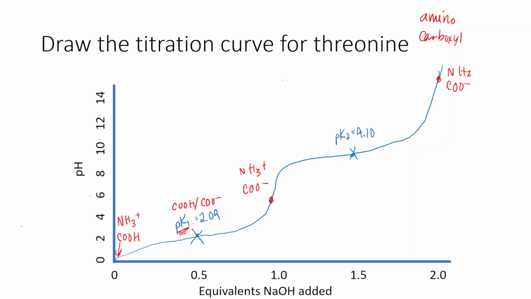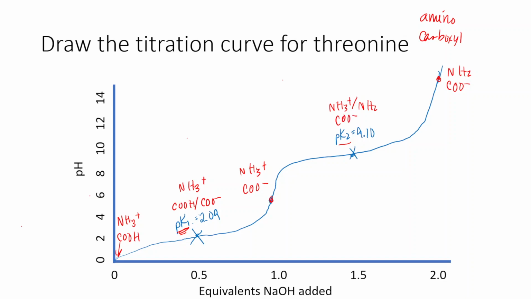But for our first pK, the amino group is still always protonated. Our second pK, now this is where our amino group is at half and half, right? Below there, we have protonated. Above there, we have deprotonated. Right at the pKa, we have about half and half. But for our carboxyl group, we already know that it's deprotonated over here.